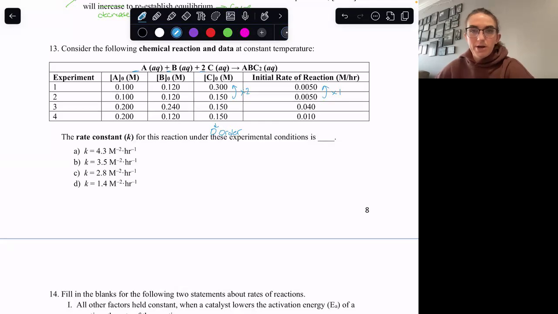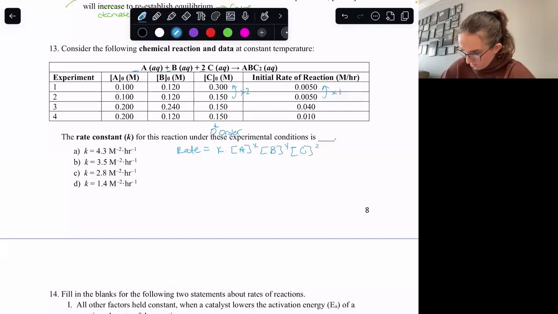Okay, so what's the next one we're going to look at? What two experiments are we going to compare? Okay, we're going to compare 2 and 3.